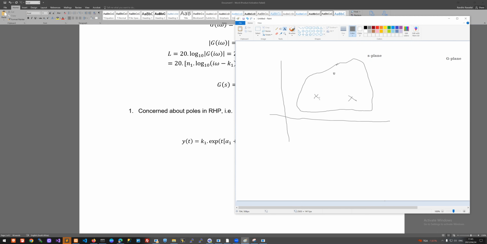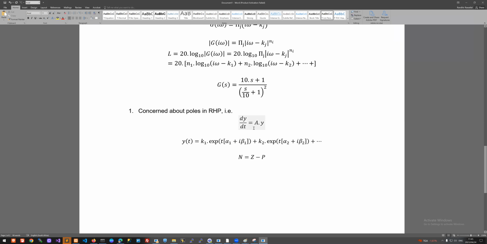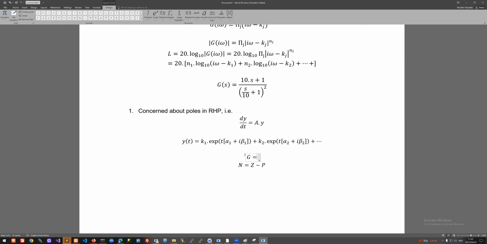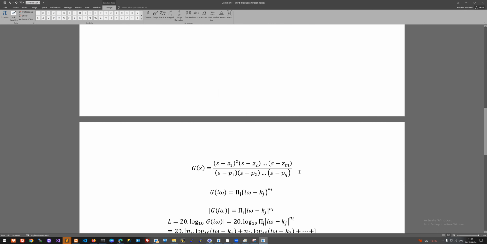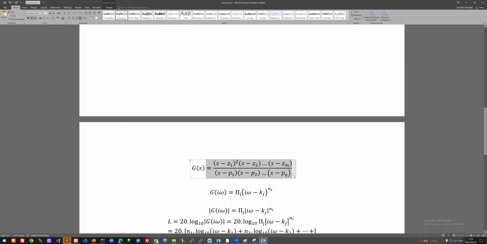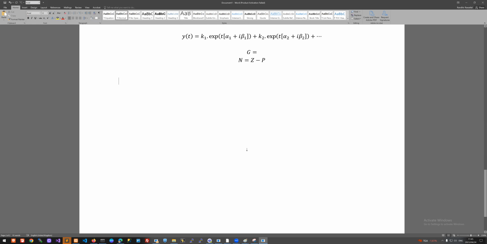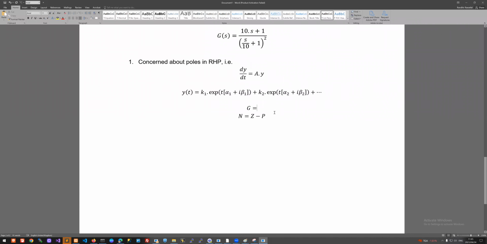we also showed that our poles and zeros of the function, so if we have the G function, G equals, and we've got something similar up here, right? Zeros and poles, right? So Z's are where G goes to 0, and P's are where G has a pole, where it's going to infinity.